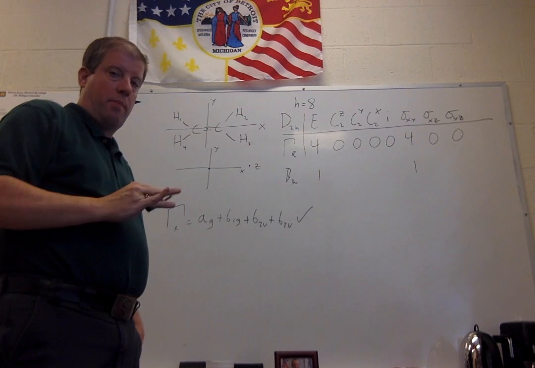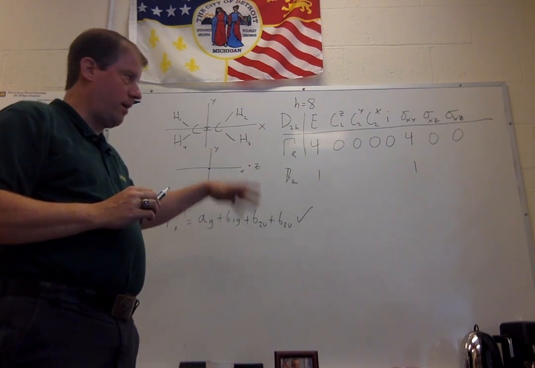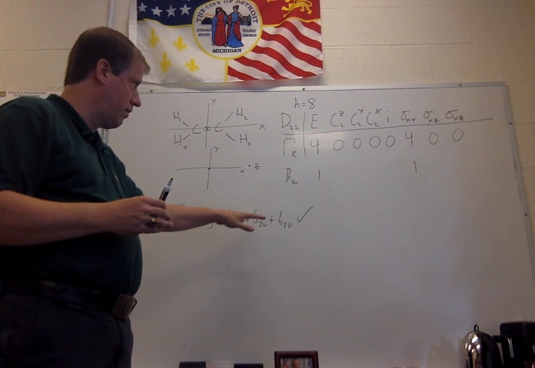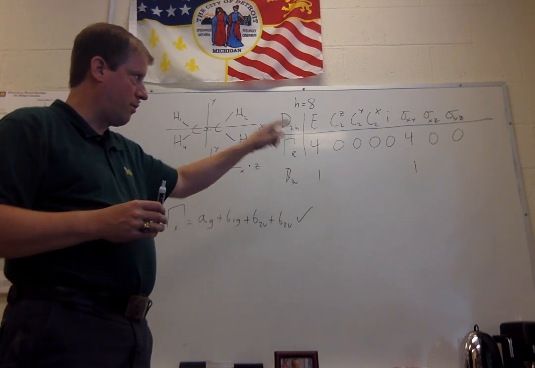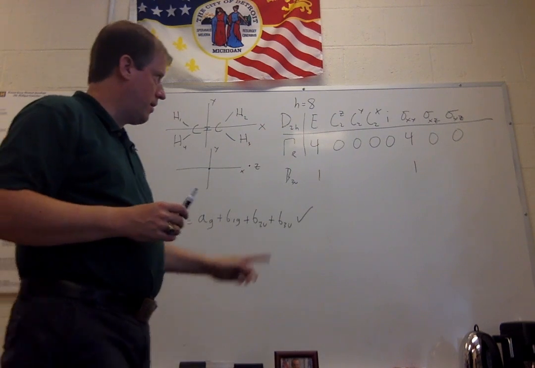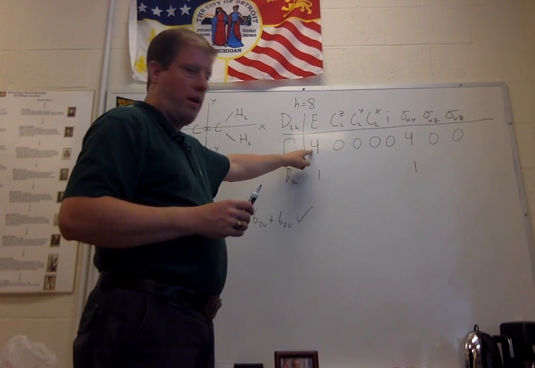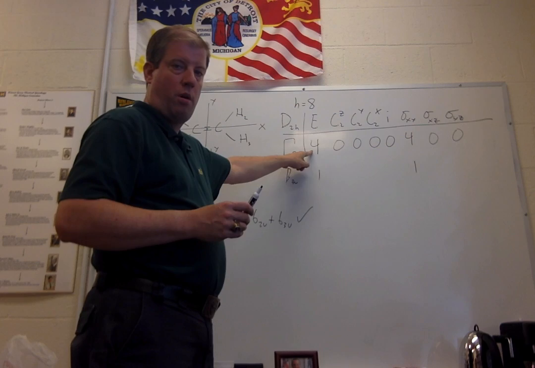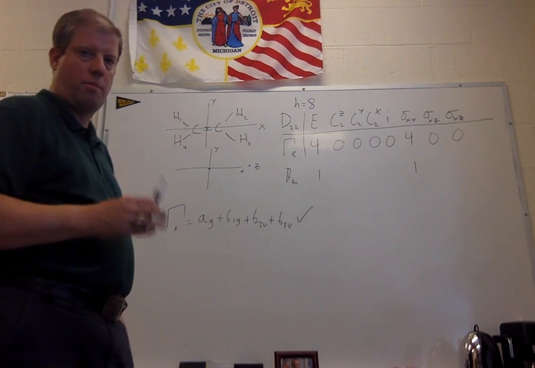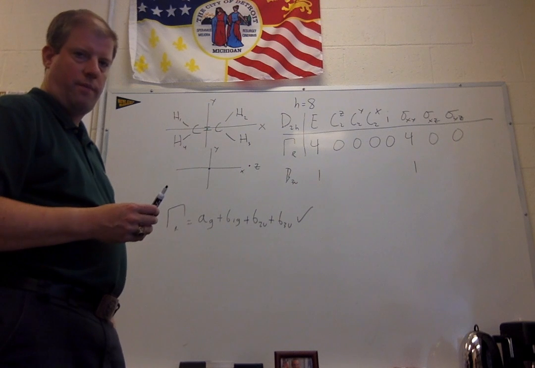So remember, if I added up the characters for all of these, I would get 4, 0, 0, 0, 0, 4, 0, 0. Because the number under the identity for this gamma reducible is 4, we have to have 4 singly degenerate contributions to it. We do.